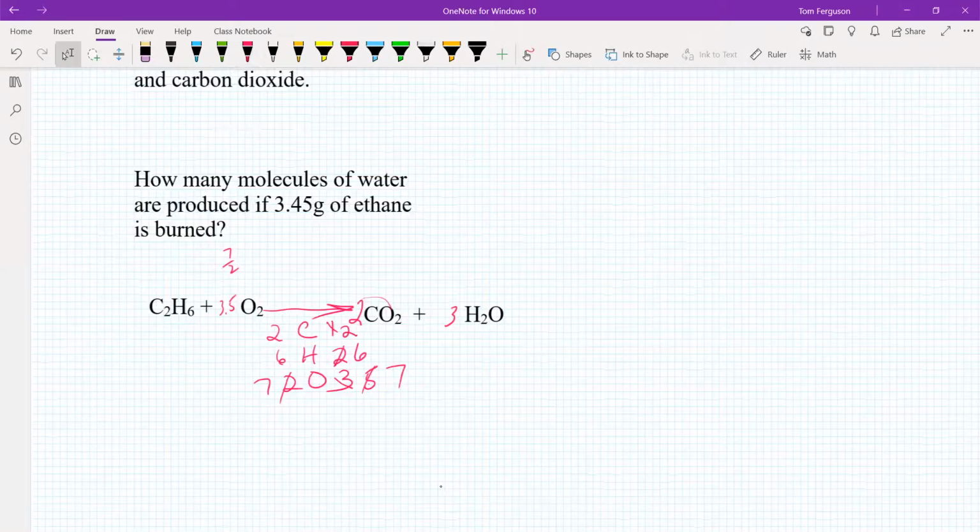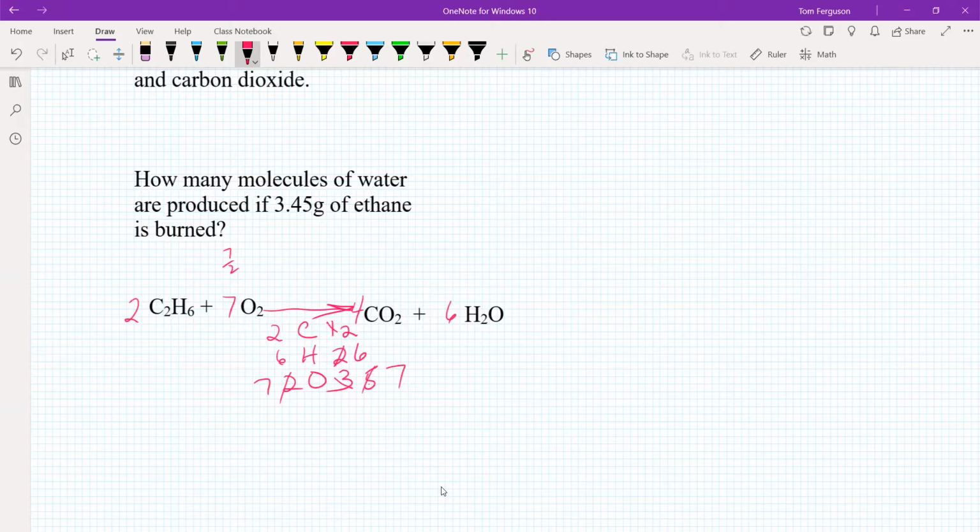So that means we're going to multiply everything by 2. Okay, so that makes that 2. 3.5 times 2 is 7. 2 by 2 is 4. 3 by 2 is 6.